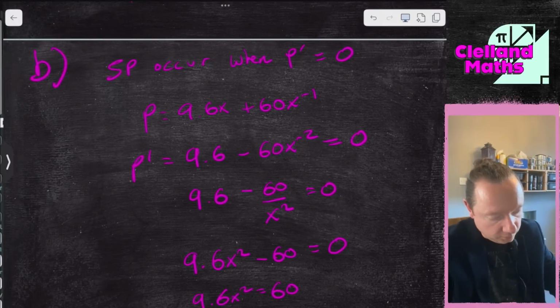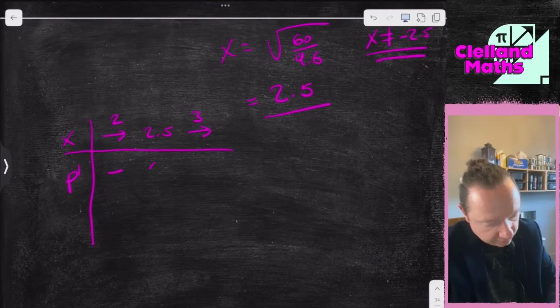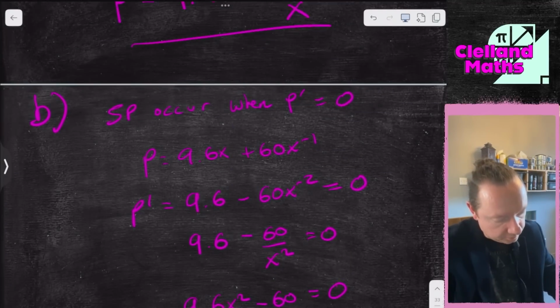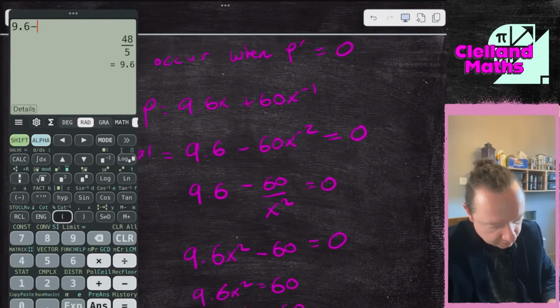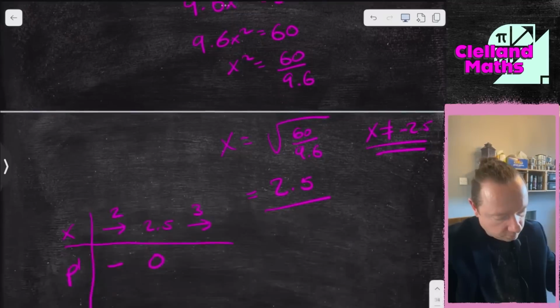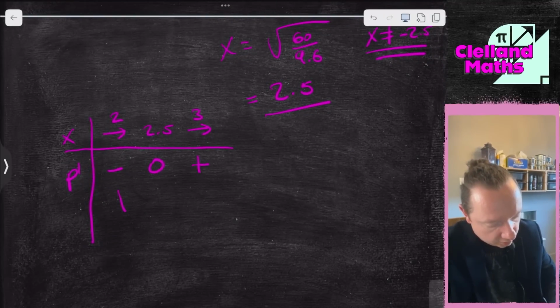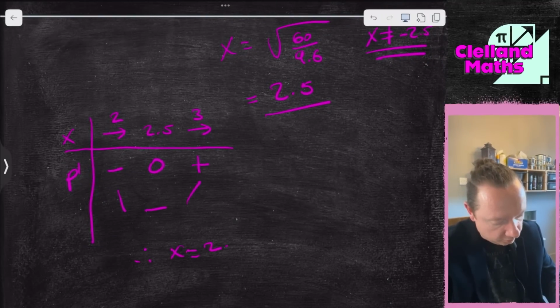Well, that's a negative number. And when we sub in 3, you get 9.6 minus 60 over 3 threes is 9, which is a positive number. So that goes down, along and up, and therefore x equals 2.5 is a minimum TP.